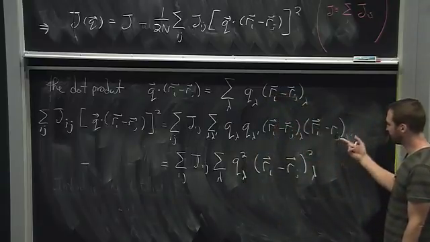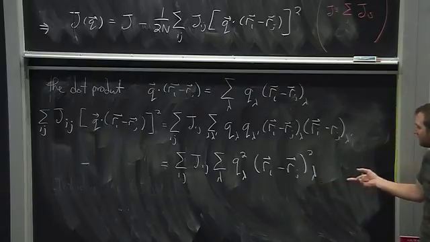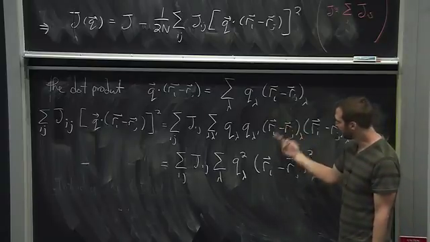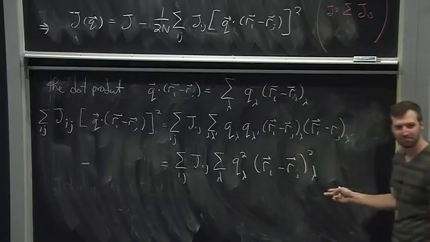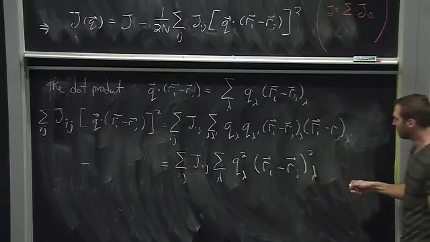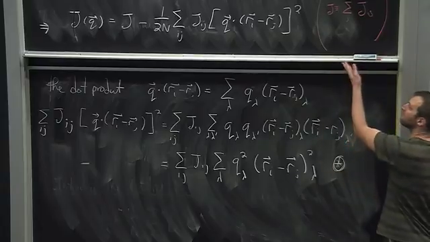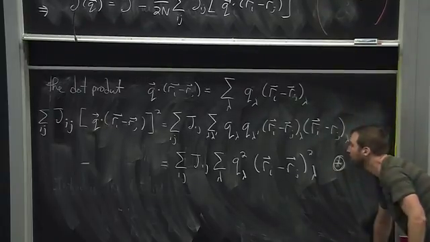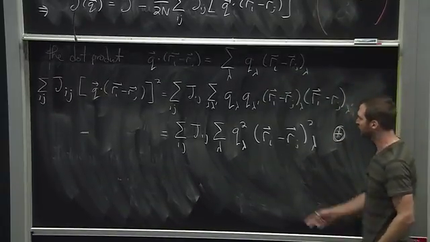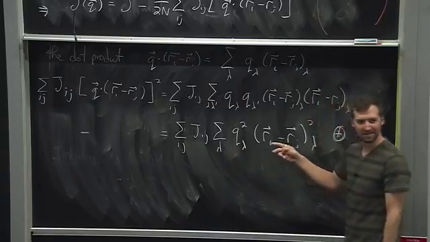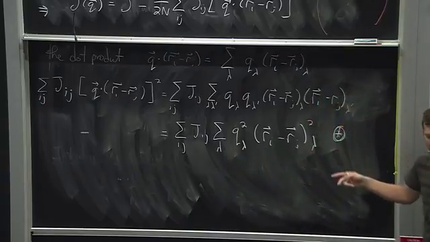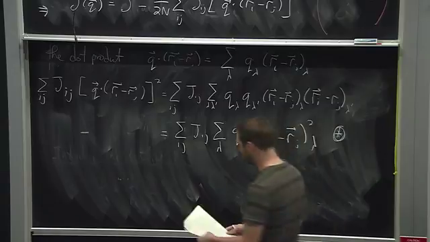Is that obvious? I've taken this double sum, and I've just written it like this. No, it's missing terms, right? Let's come back to this. It's missing cross terms: x, y, y, z. But let's come back to that for a minute.